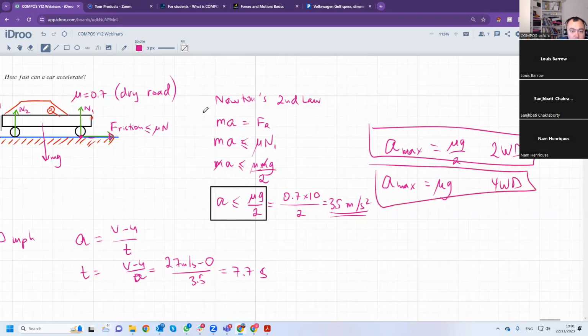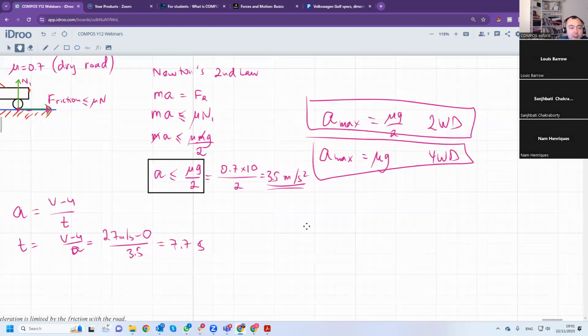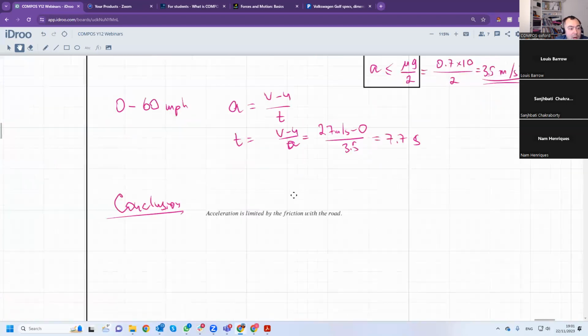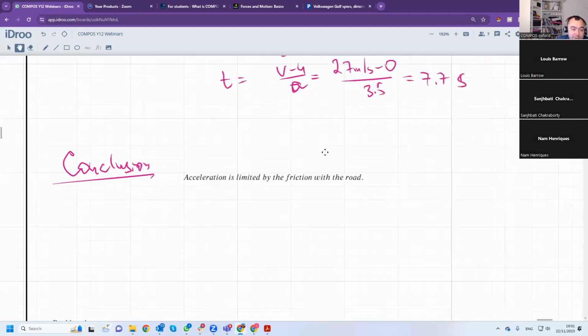Because you're accelerating by the friction force, and the friction force cannot exceed mu mg. It is limited by the friction with the road.